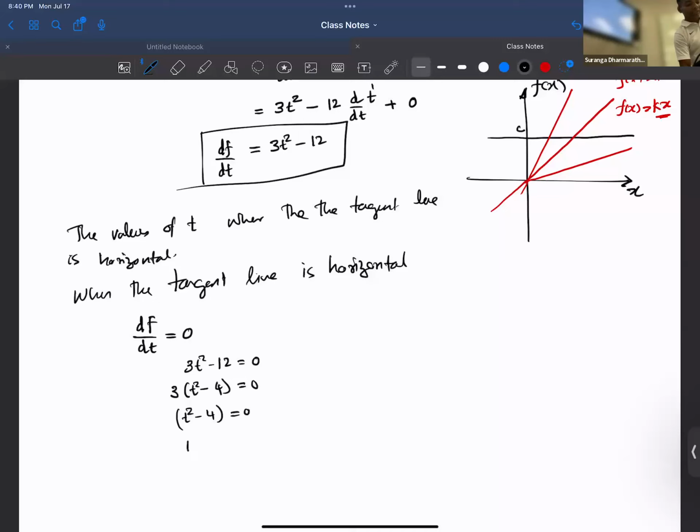What is this? t squared minus 2 squared equals 0. This is a difference of squares. Can anybody factor this? a squared minus b squared. How do I write that?